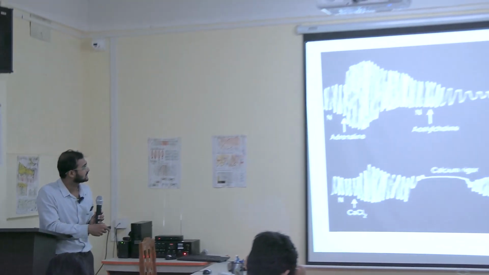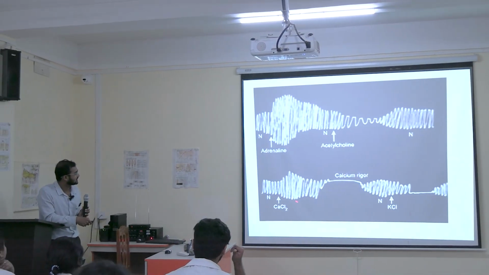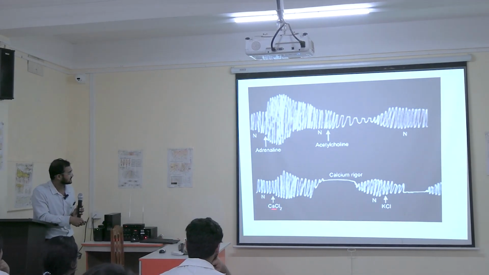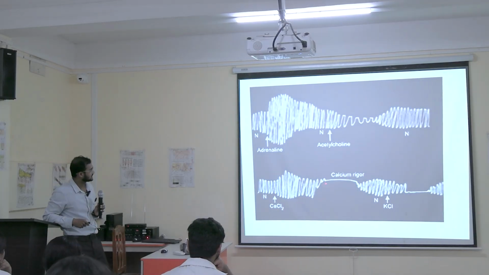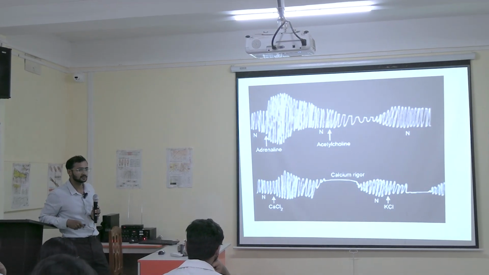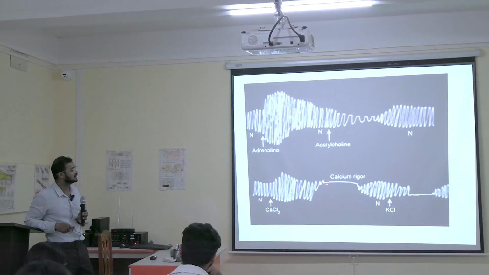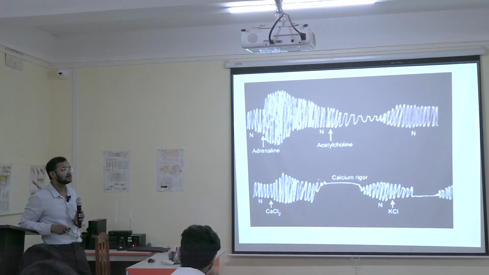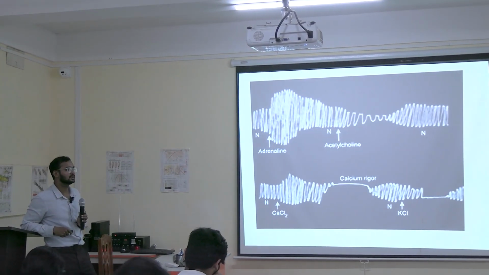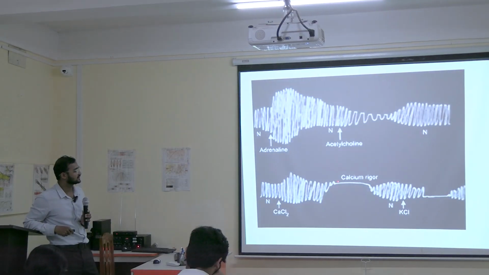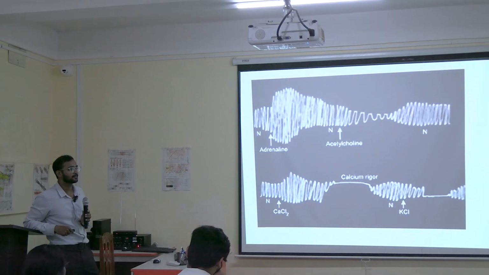The acetylcholine part is completed. In case of calcium ion, calcium chloride, what is happening? It is going into a calcium rigor due to excess calcium. It is unable to go into diastole; it will be in a contracted phase. So the heart will stop at systole.